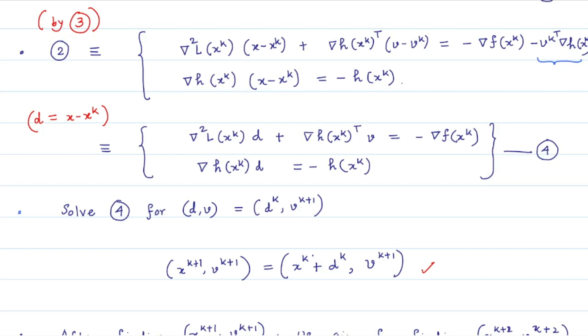You can have multiple solutions to the system 1, the KKT system of the original problem, and as the system 1 is equivalent to 4, you may have several solutions to the system 4. Out of these several solutions, we want to actually filter out a KKT point that is effectively solving the original problem capital P.